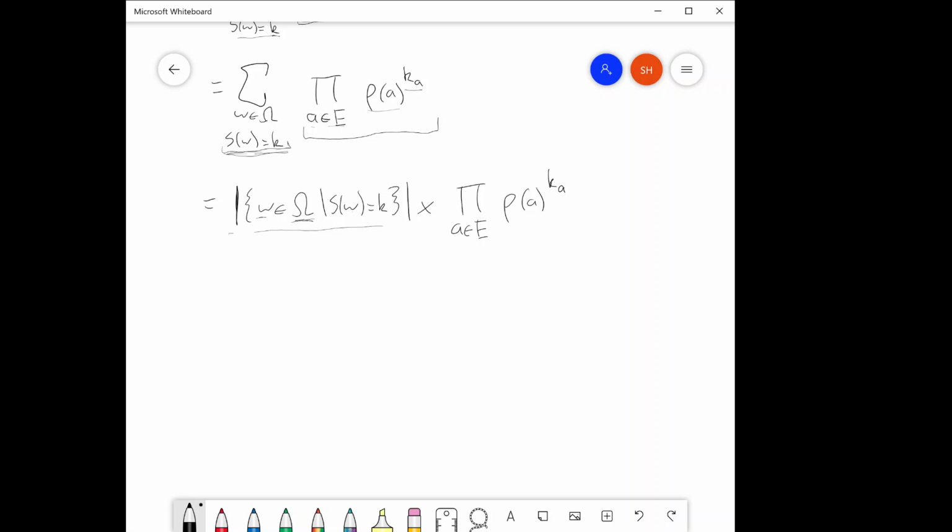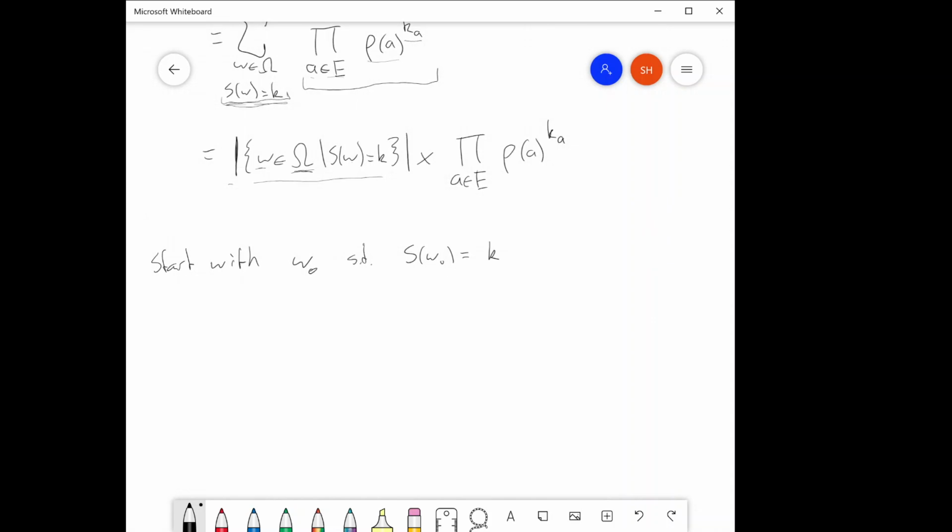So say we start with omega_0 such that S of omega_0 equals k. Then we can permute the entries of omega_0 and maintain this. There are n elements here, so there are n factorial permutations.